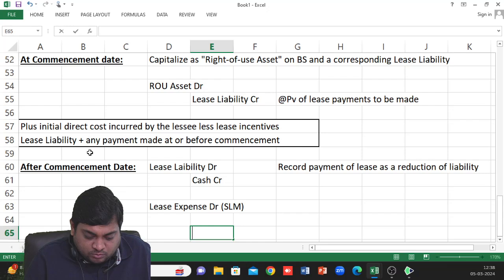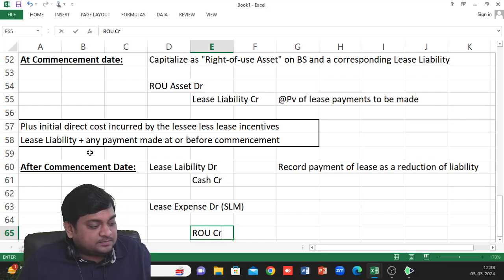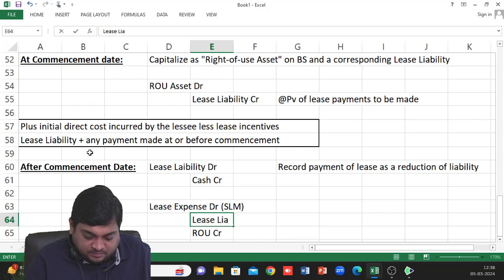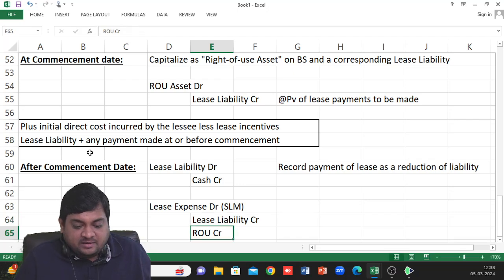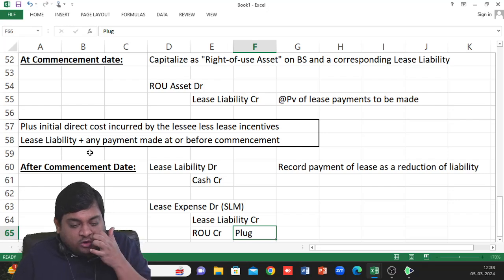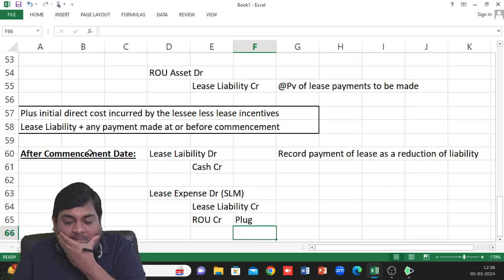ROU credit, lease liability credit. So basically this is the plug, the balancing figure. I'll show you with the help of an example, no problem.